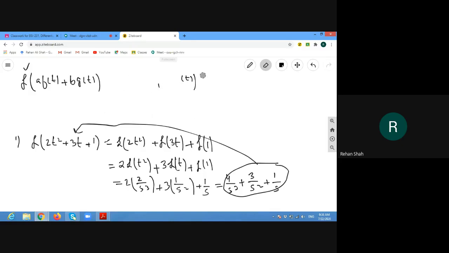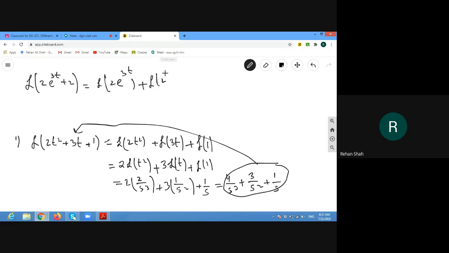So now you can find the Laplace transform of many functions. If a question comes, find the Laplace transform of, suppose, 2 e power 3t plus 2. You will apply Laplace on 2 e power 3t plus Laplace transform of 2.